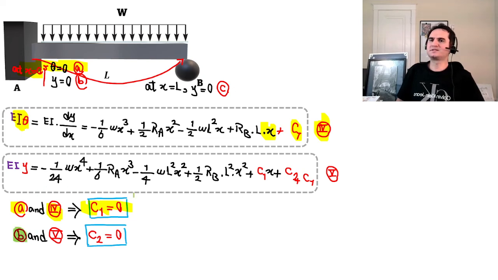B, which is this one, at x equal to 0, y is equal to 0, gives us C2, and equation 5 gives us C2 equal to 0. If you replace all the x by 0 and you know C1 is 0, it gives you C2 equal to 0.